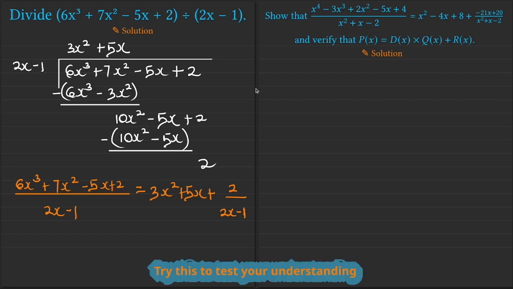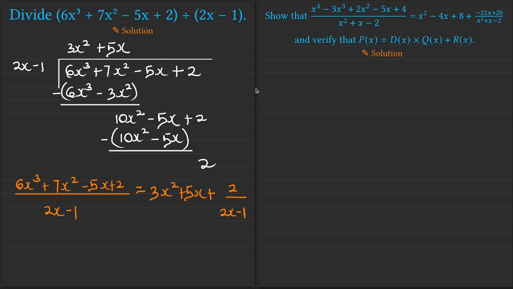Now, in view of that, we would answer our last question for this session, and it involves both our long division and then a proof that is showing that the division algorithm is true.